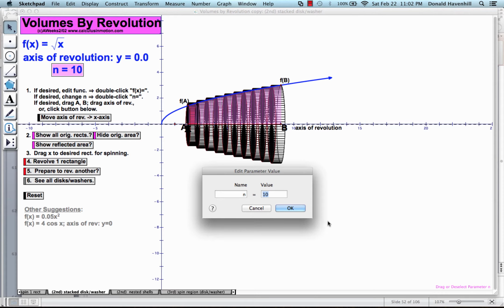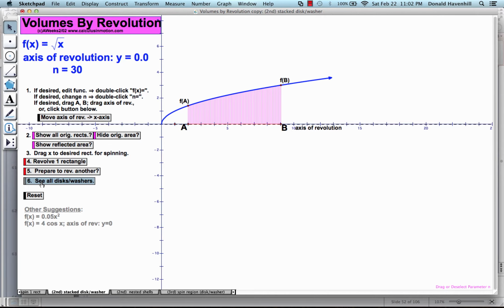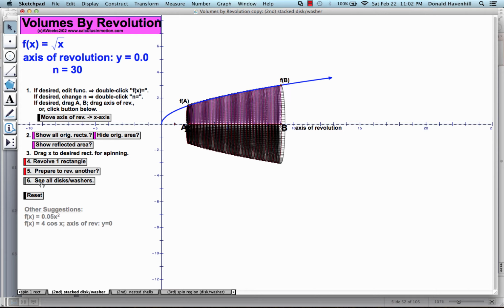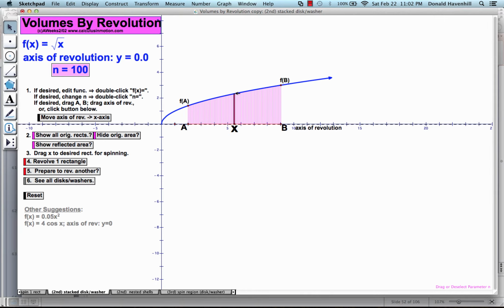And if we increase the number of rectangles to say 30, it's going to be even better. And if we were to increase the number of rectangles to 100, you'll notice that my rectangle is getting thinner and thinner.